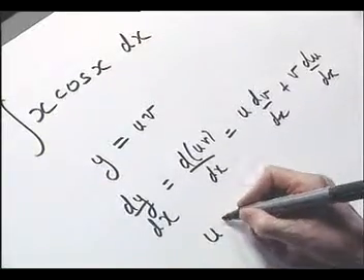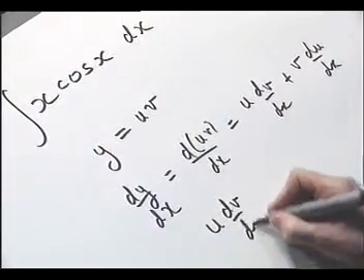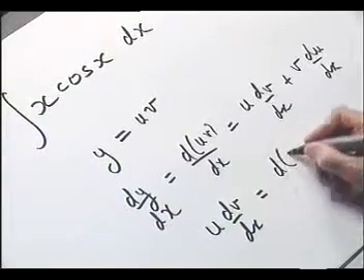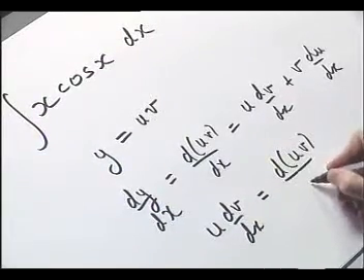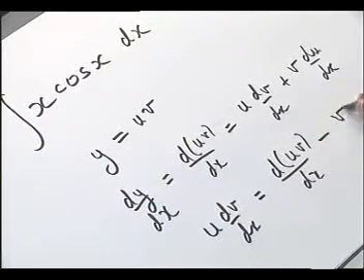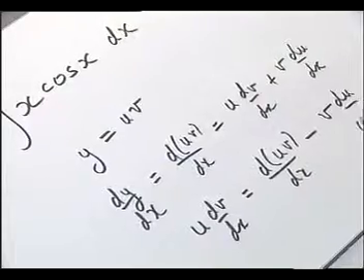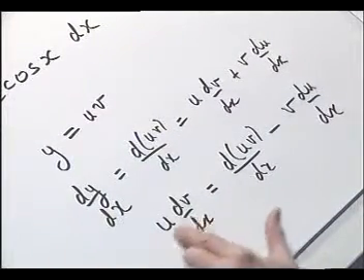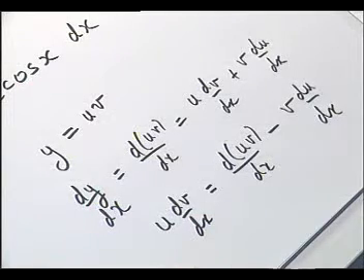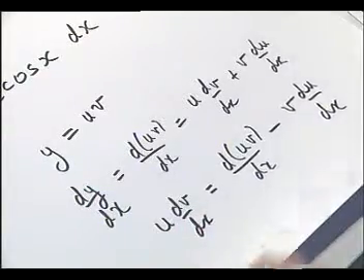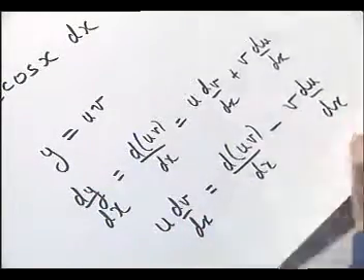So that's u dv/dx is equal to the derivative of u times v with respect to x minus v du/dx. Now, this is still a product of two functions. So let's integrate it and see what happens.